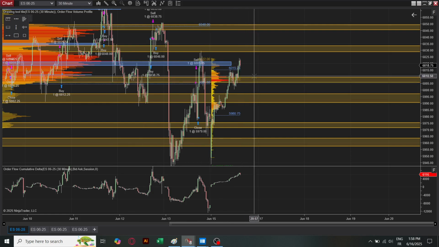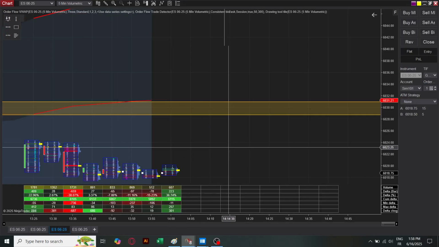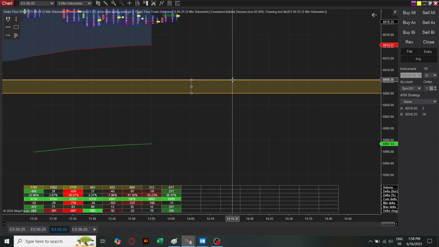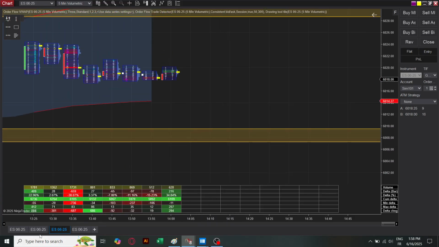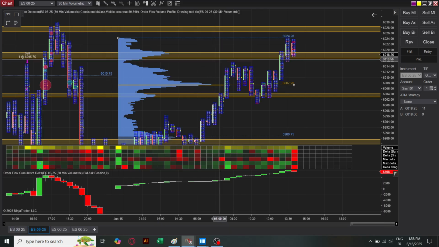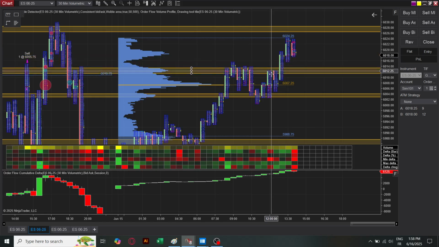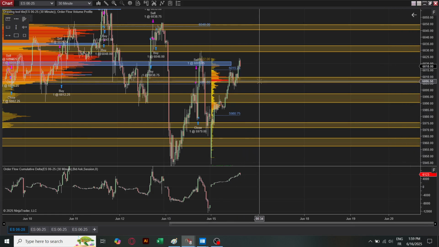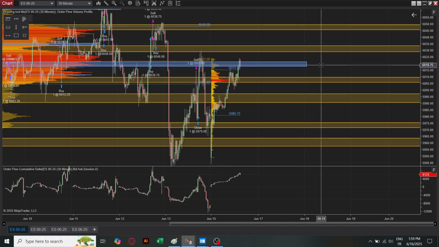So if price comes here, which is about the mean, I guess, not the mean, it's about here, and I see a very strong bullish reaction, I can go long and I will target this level here, which is the point of control, or let's say the middle of this high volume node.